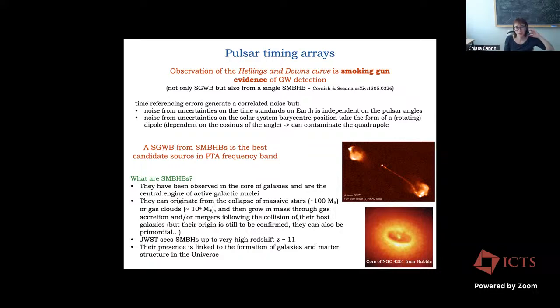They are observed up to very high redshift, and their presence is really linked to the formation of galaxies and of matter structures in the universe.